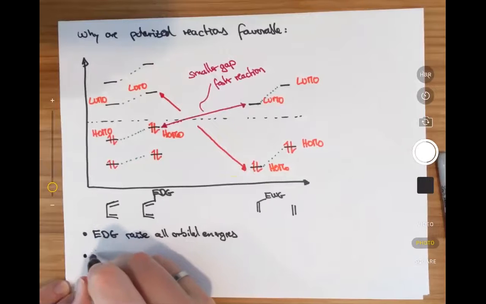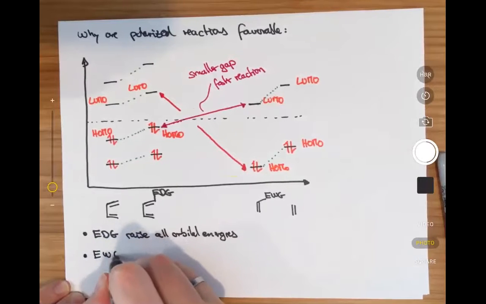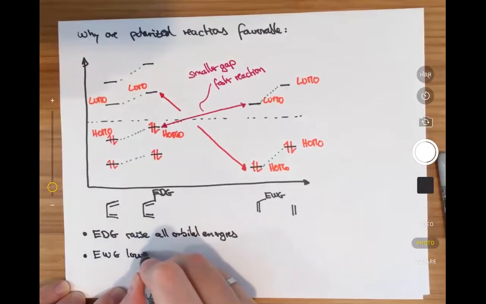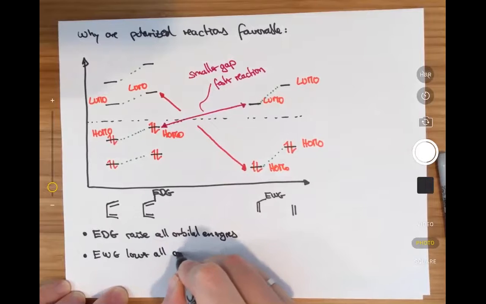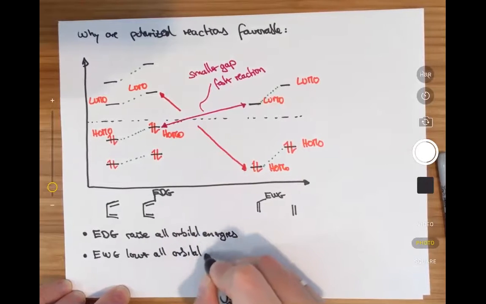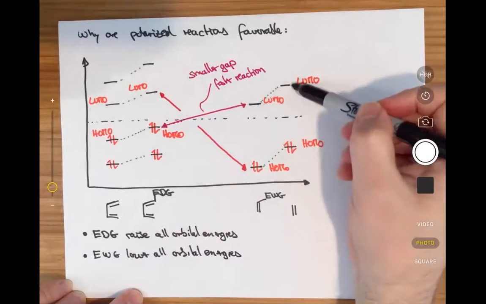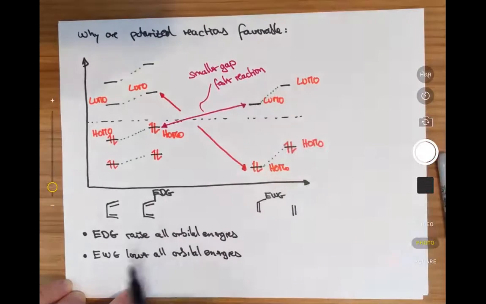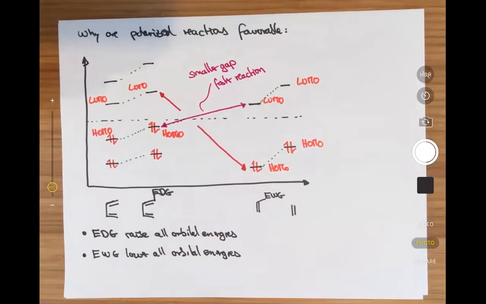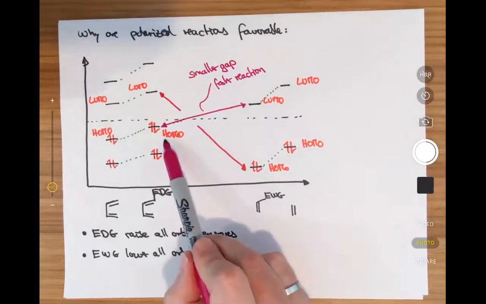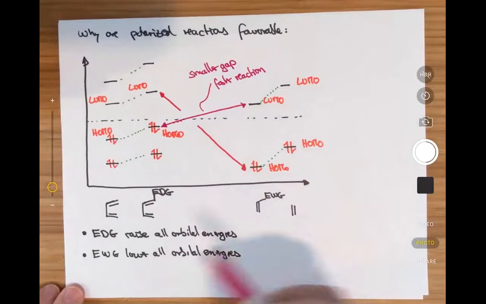Electron withdrawing groups lower all orbital energies. And that's what we've seen here, where these orbitals drop down in energy as you put an electron withdrawing group on there. And now the key realization that comes out of it is that Diels-Alder reactions run faster and better the smaller the gap between the HOMO and the LUMO is going to be.